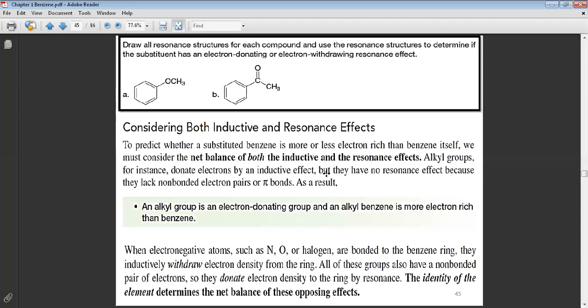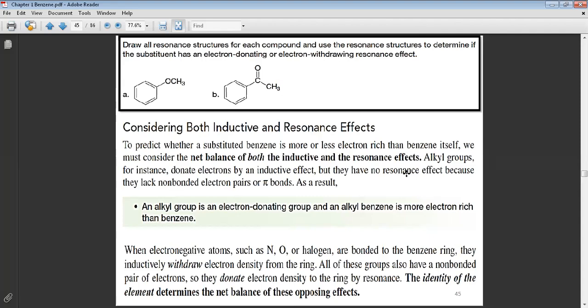Who can answer me? Low electronegativity. That means for the alkyl group, the inductive effect will all the time be donating. But it has no resonance.